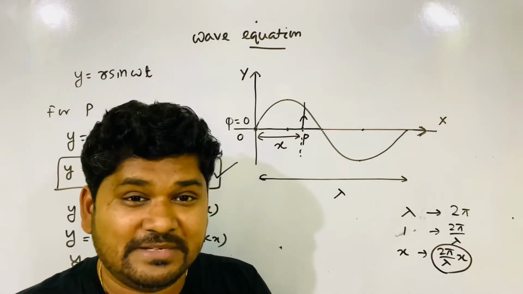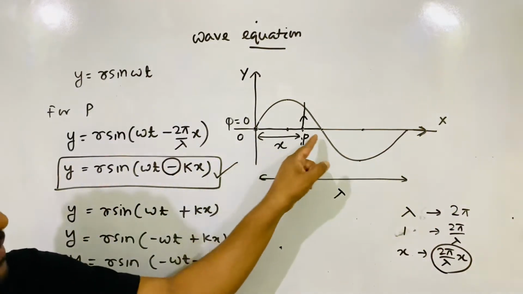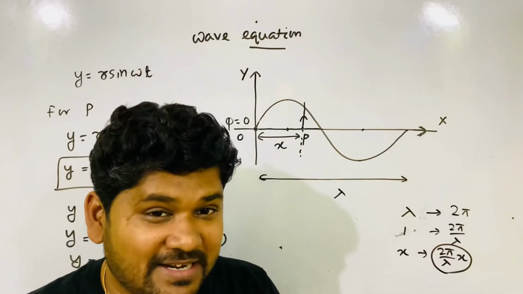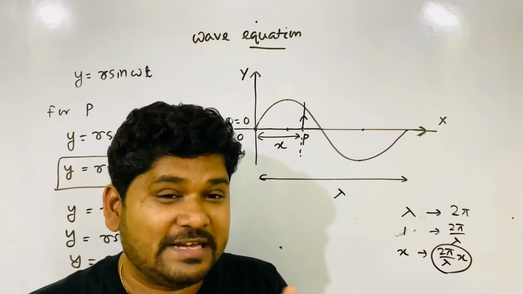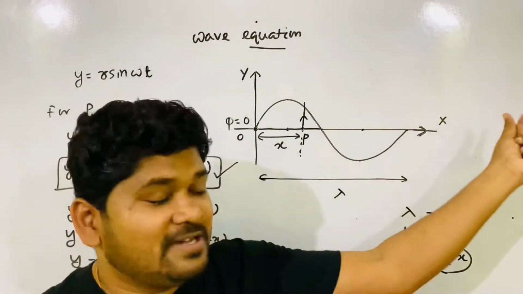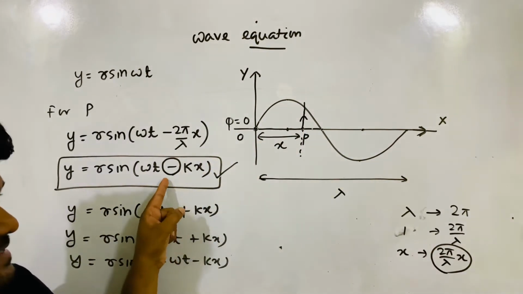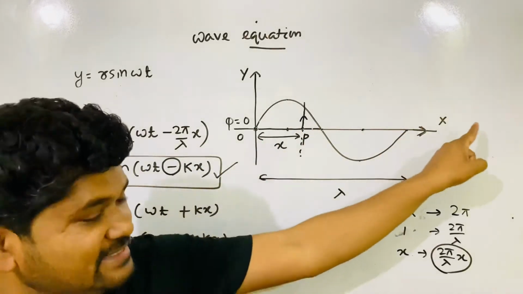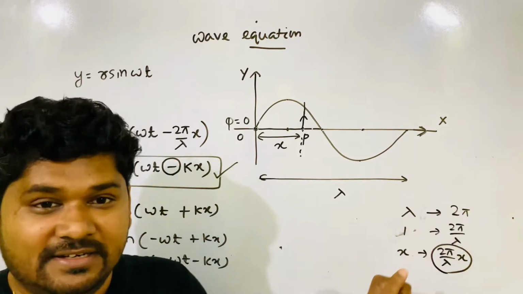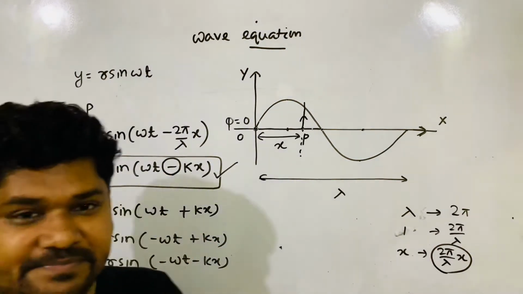So in 12th class when this question comes, nobody will explain why the minus sign comes, or that when the minus sign comes the wave propagates along positive x-axis. But now you have understood. Why minus sign? Because as the wave goes in this direction, when you go forward, the particles will lag, because they will start the oscillation later. So that's why the minus sign is here.